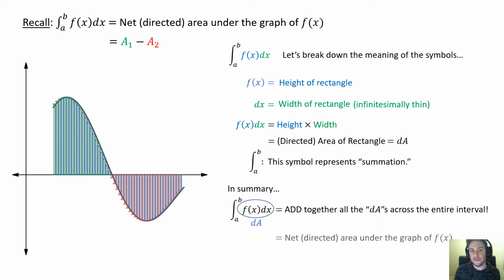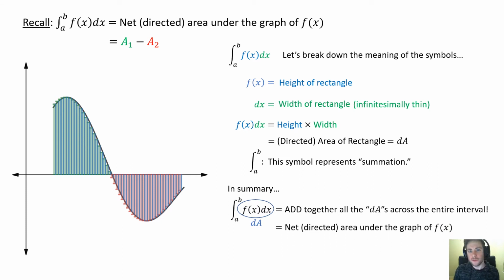Now, theoretically, adding those dAs together really would provide us with the net directed area, which is what we want from the integral after all. But what I want you to take away from all this is how each symbol relates to the rectangles. So just to summarize, f of x is the height, dx is the width, and the integral itself represents summation of all the rectangles across the entire interval between a and b.